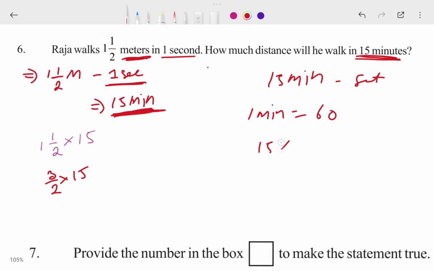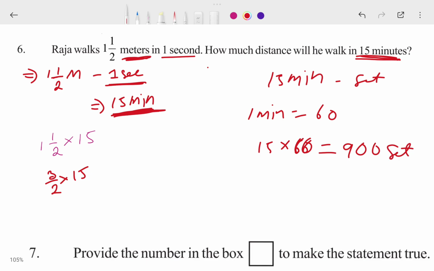So 15 into 60, when you multiply, it is going to be 900. If you know the multiplication, it is very simple, I hope, and that's going to be 900. Okay, so 900 seconds.